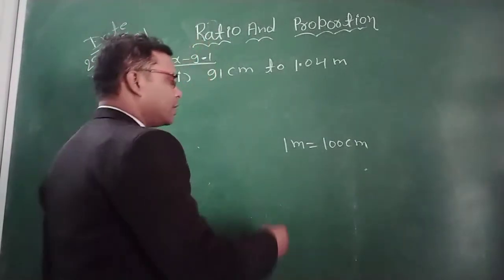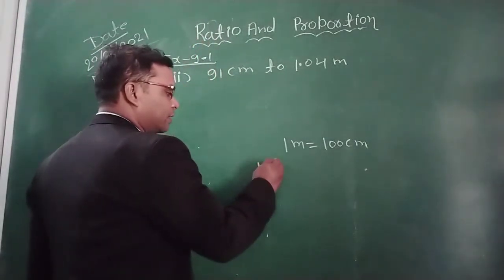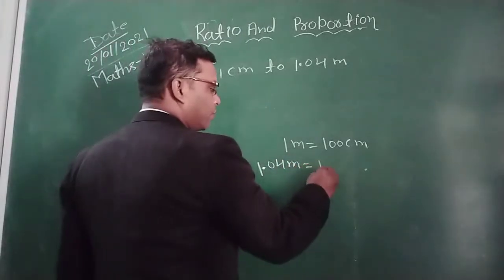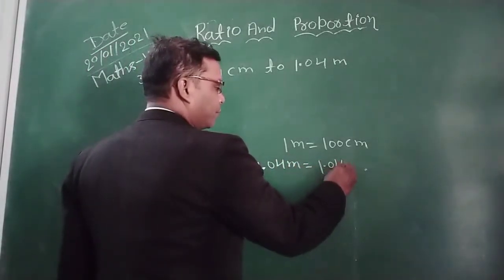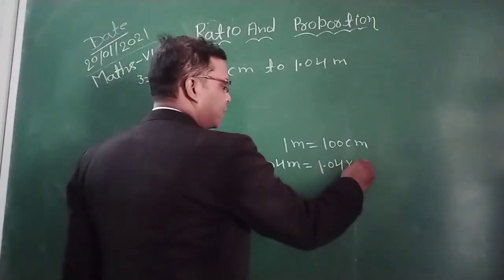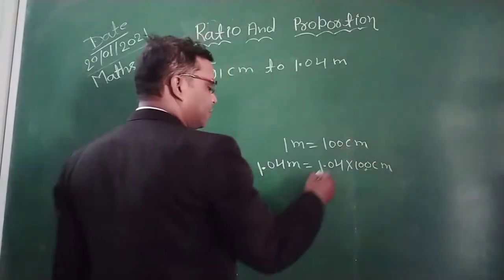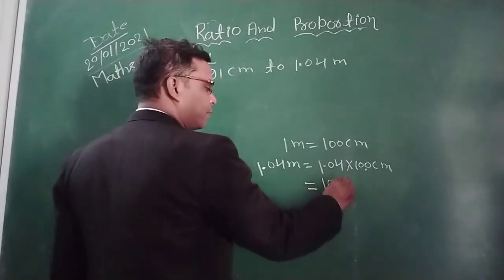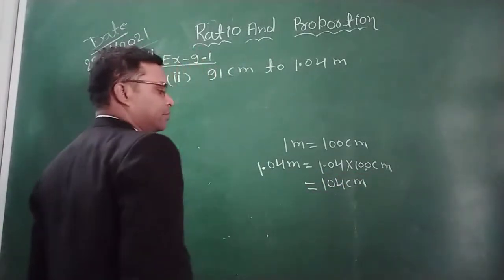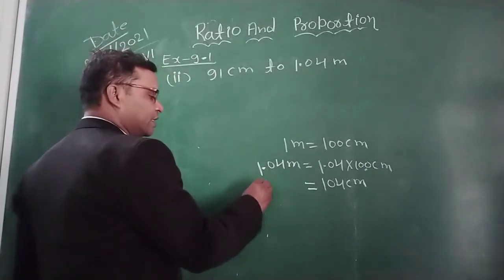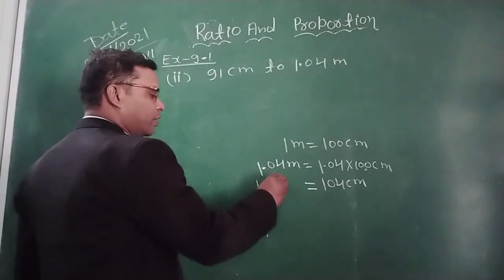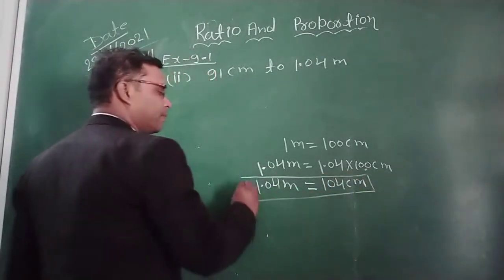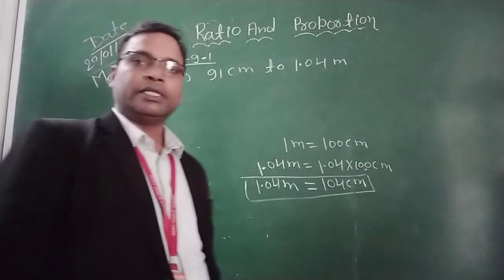So we have 1.04 meter. It means that you can write it 1.04 into 100 centimeter. This is equal to 104 centimeter. So in this way, 1.04 meter is equal to 104 centimeter. This is clear.